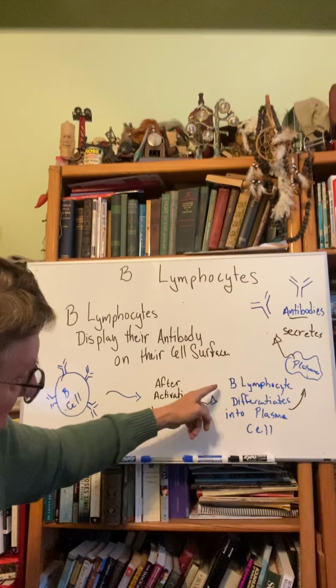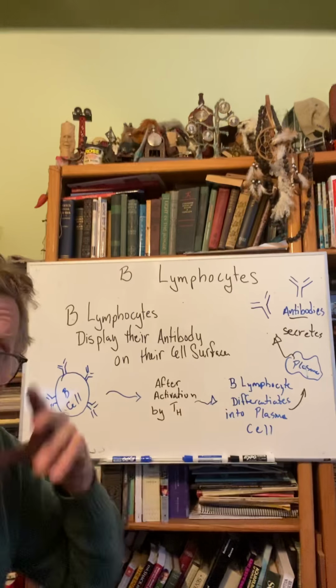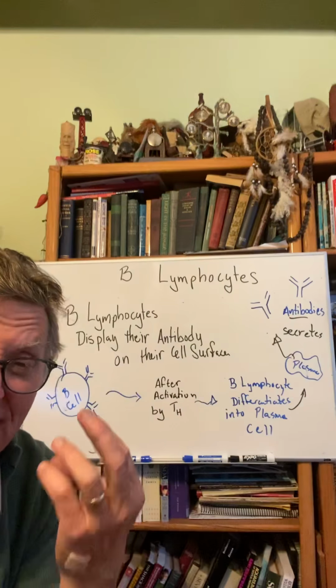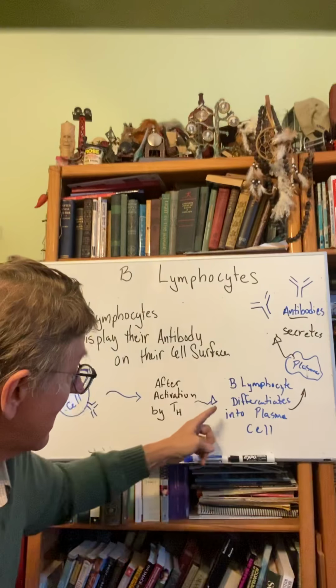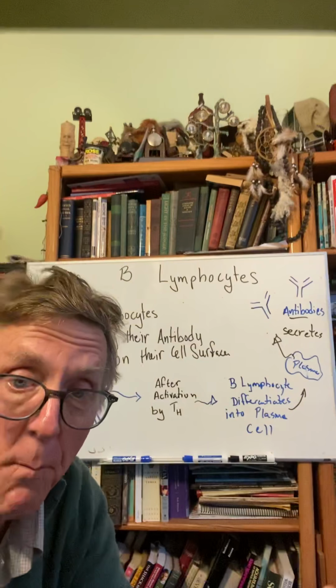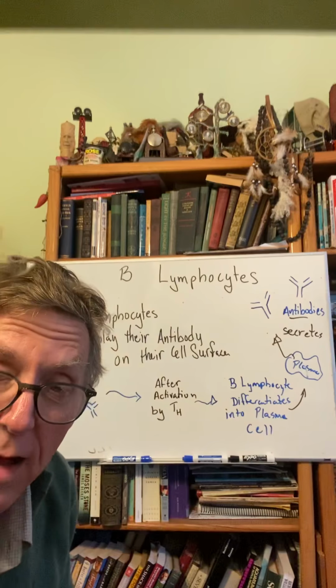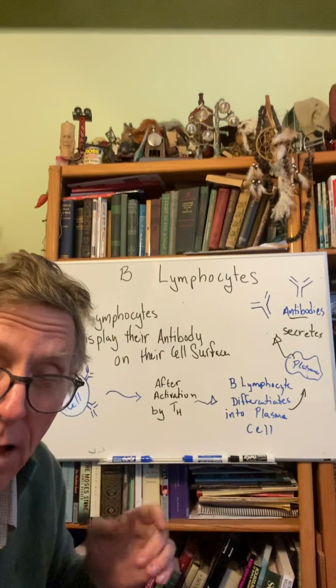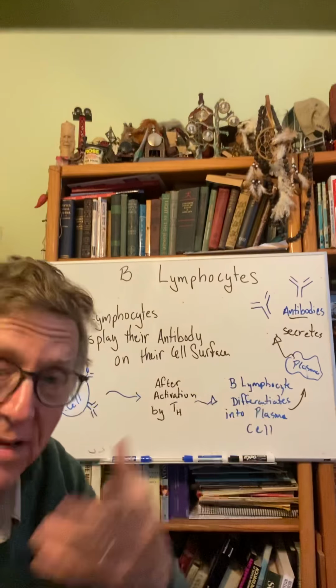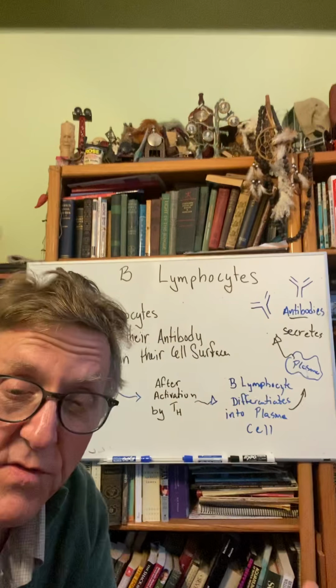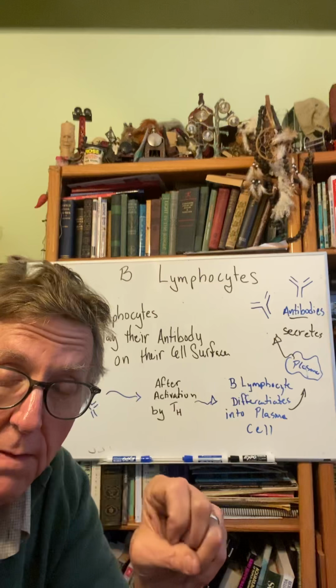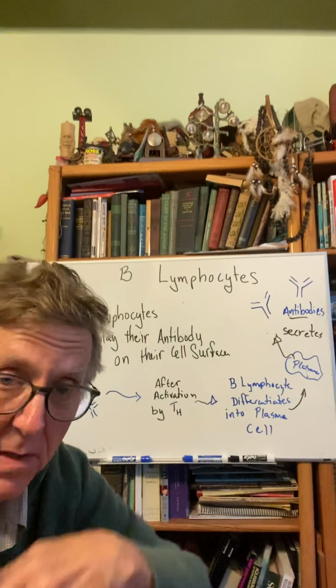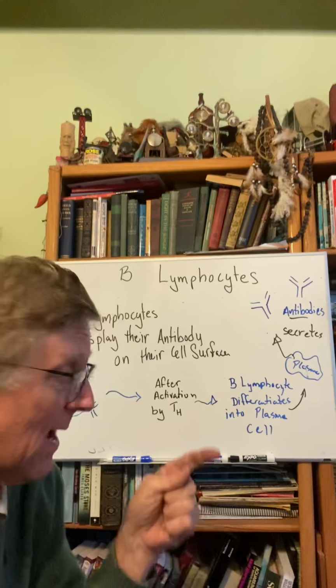So the B lymphocyte that can deal with the pathogen gets activated and differentiates, becoming a plasma cell. And it also proliferates, just like the cytotoxic T cell. It makes a whole lot more of itself.